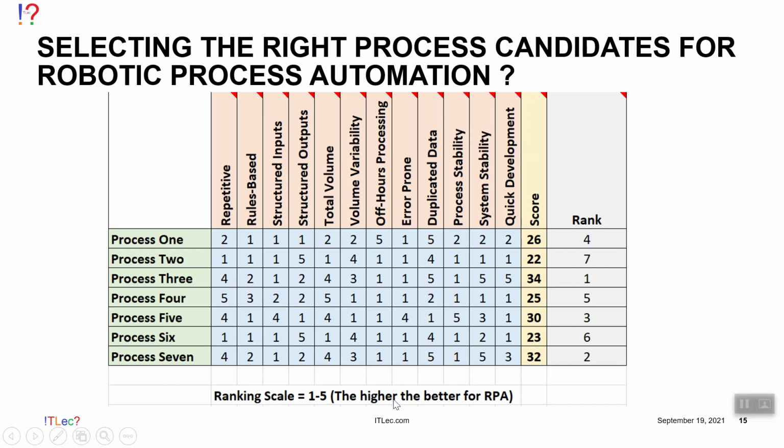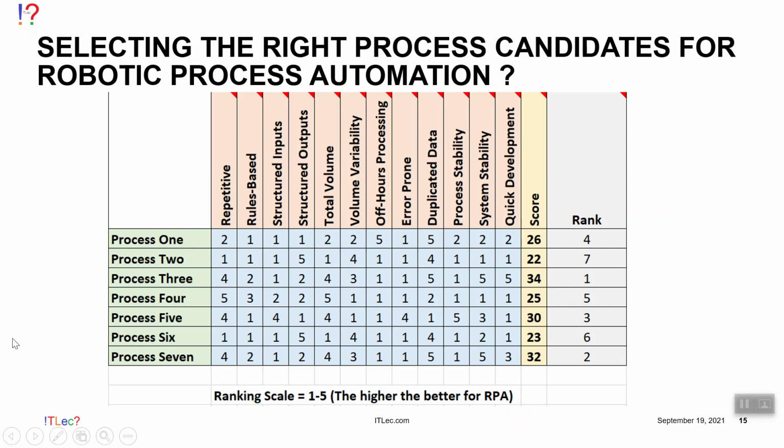The higher is the better for RPA. The criteria: is the process repetitive? Is it rule based? Structured input, structured output, total volume, variability of hours processing, error prone, duplicated data, process stability, system stability, and quick development.